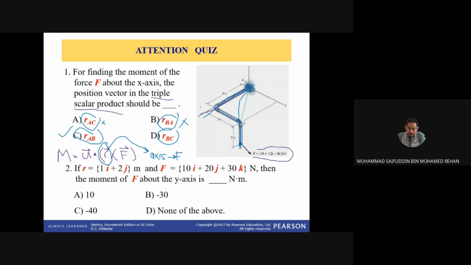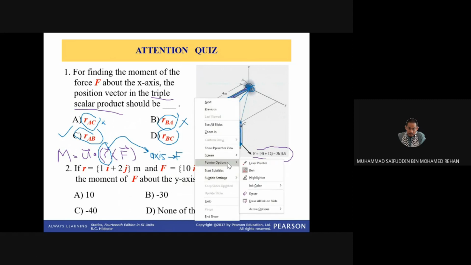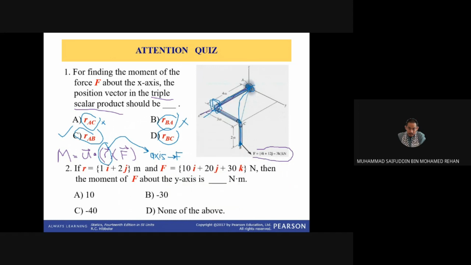For example, if we have another point here, let's say this is point D. Can I use DB? Yes, you can, because it is still from the axis to the force, meaning that if you use RDB or RAB, you will get the same answer in the end.